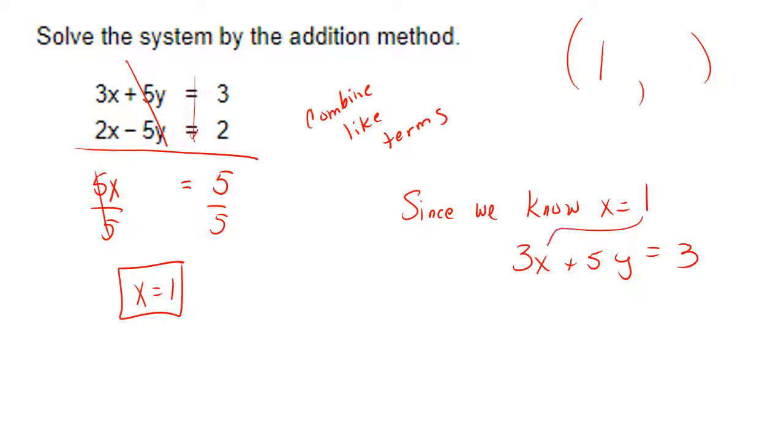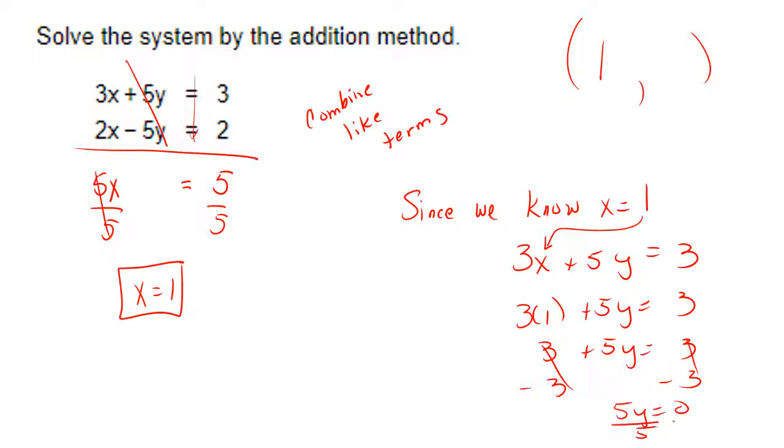So I will take the 1 and plug it in place of the x. Then when I solve for y, I must subtract 3, and I get 5y equals 0. So y in this case is equal to 0. My complete answer then would be 1, 0.